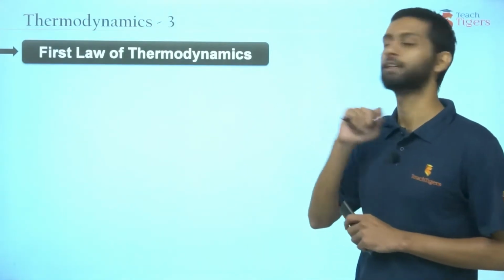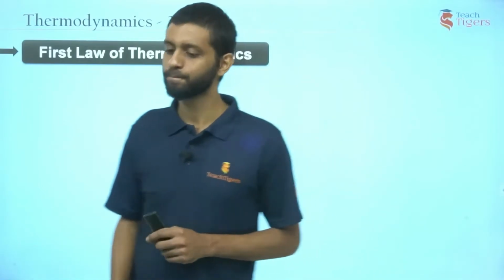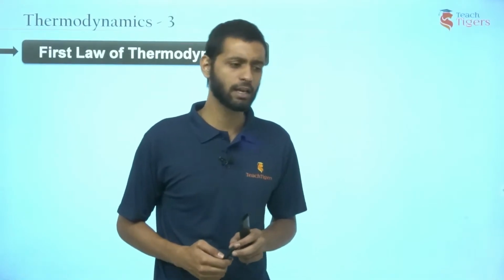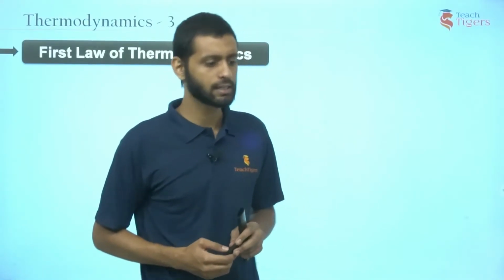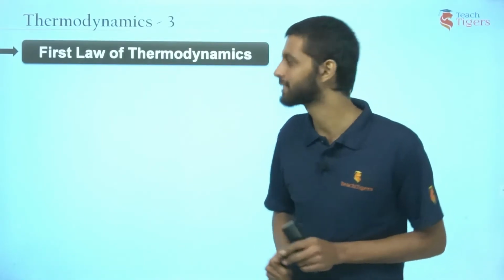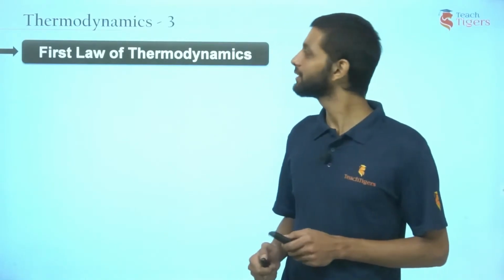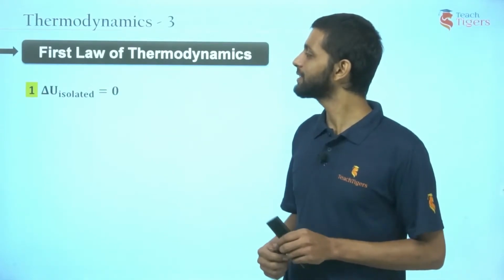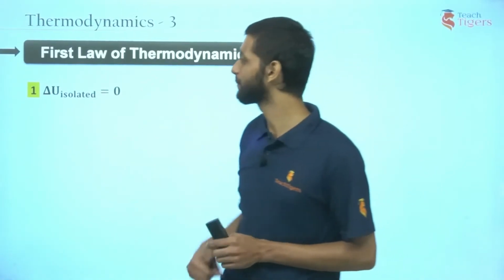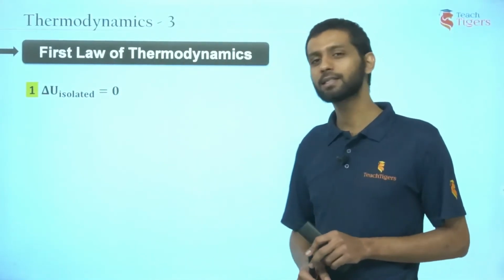Now, time for the first law of thermodynamics. It tells us a lot of things, some very intuitive, some very non-intuitive. It's surprisingly simple, but very dangerous. This is the statement of the first law of thermodynamics, something very simple: the change in internal energy of an isolated system is 0.